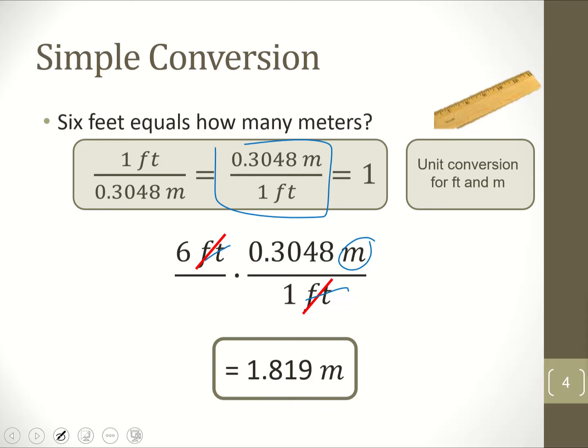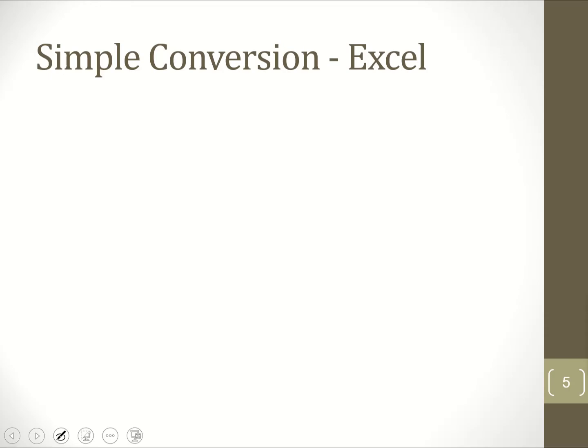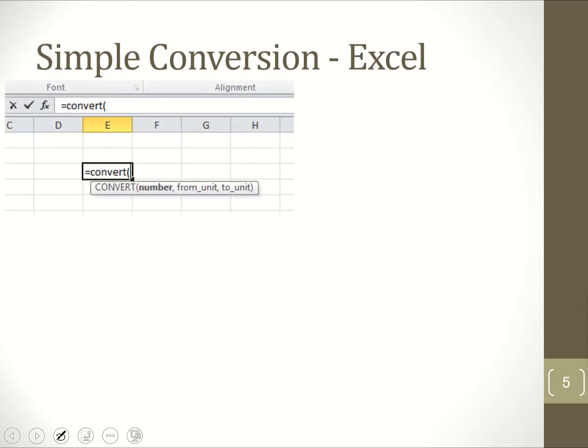Excel also allows us to do this using our convert function. We start out with the equal sign and type in the word convert, and we get this definition where our arguments are some number, and from some unit to some other unit.